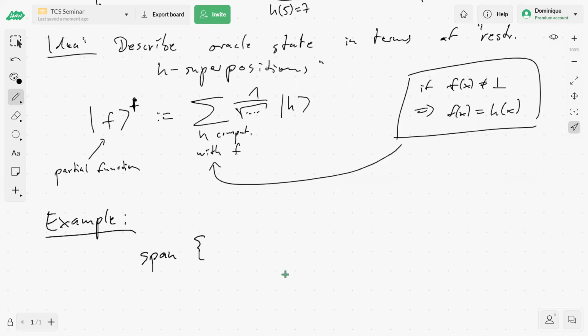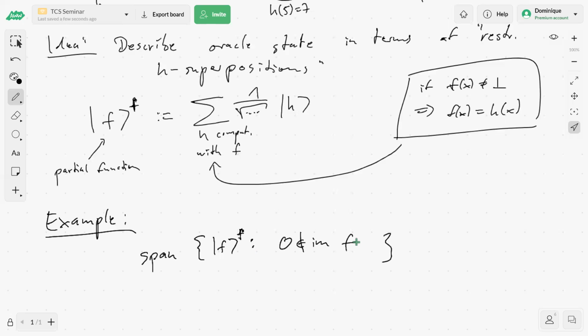an invariant for a quantum state would usually be a subspace. So we are saying the state of the random oracle, the state of the register H, is within a certain subspace, and this subspace is the span of all the cat f's, where f is a function that does not have 0 in its image.